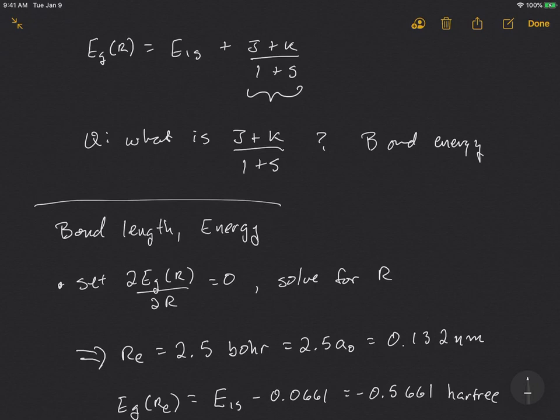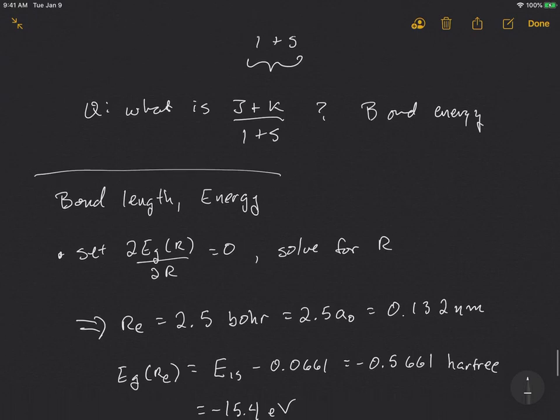We'll find what value of R gives us the minimum energy. And that gives us, when we turn the crank, RE equals 2.5 Bohr, or 2.5 times a0, the Bohr radius, or 0.132 nanometers, or 1.32 angstroms.